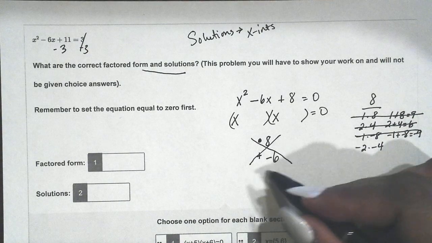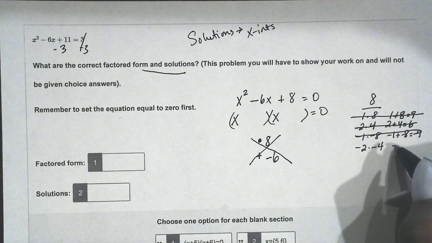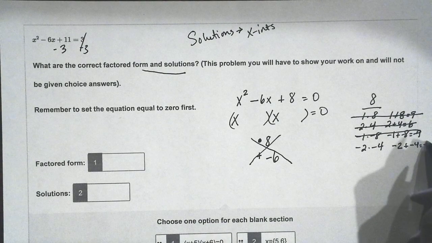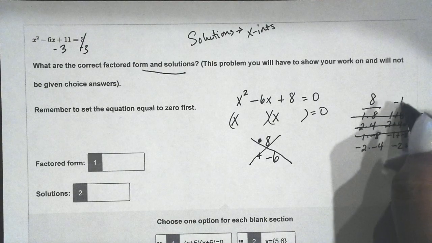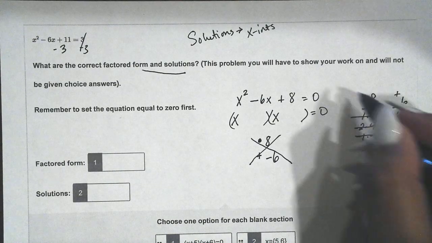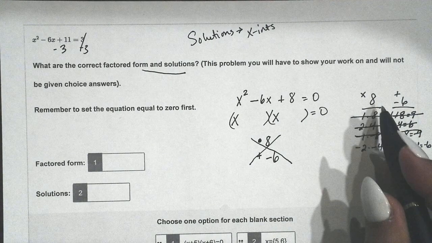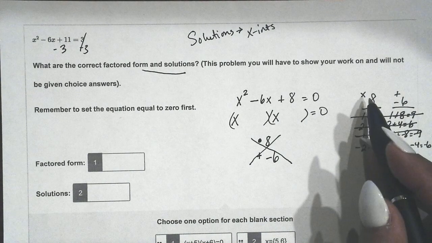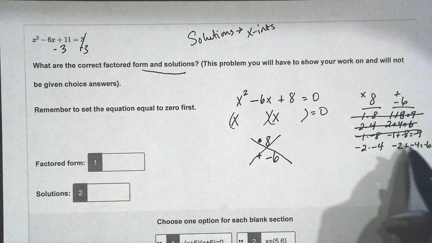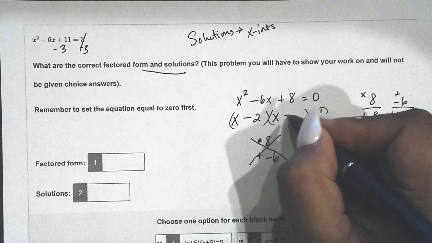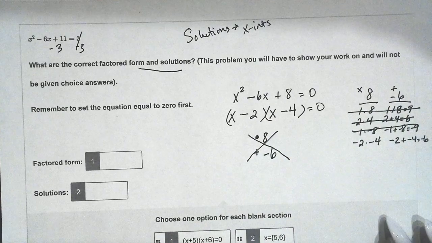I'm trying to add to a negative 6. Negative 2 plus negative 4, yes, negative 6. So the two numbers that multiply to a positive 8 and add to a negative 6 are a minus 2 and a minus 4.